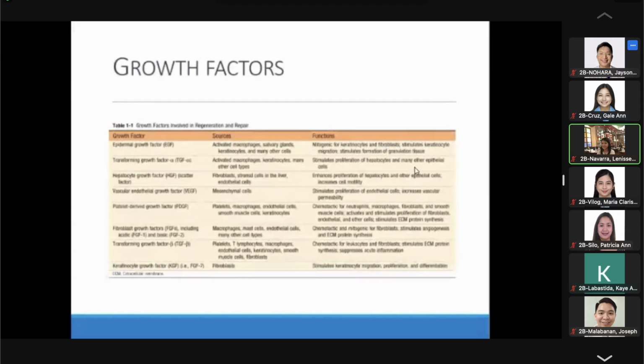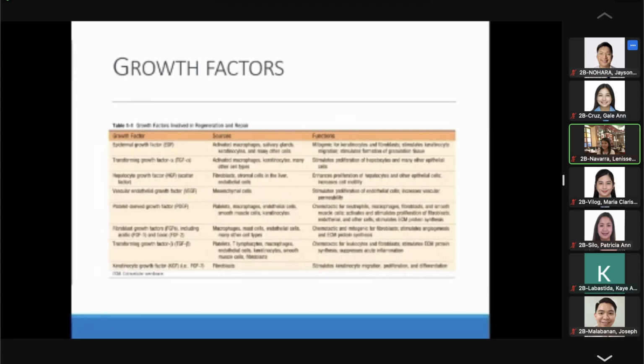It's also scatter factor and promotes cell migration. For PDGF or platelet-derived growth factor, this is chemotactic. For VEGF or vascular endothelial growth factor, it is the major angiogenic factor after injury and in tumors.